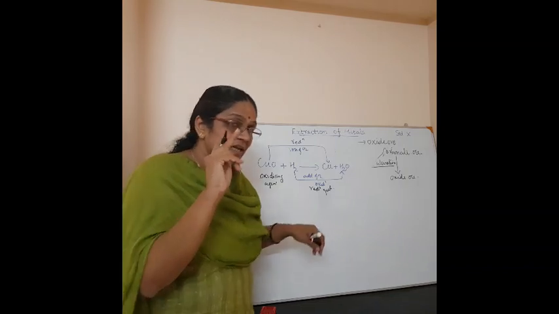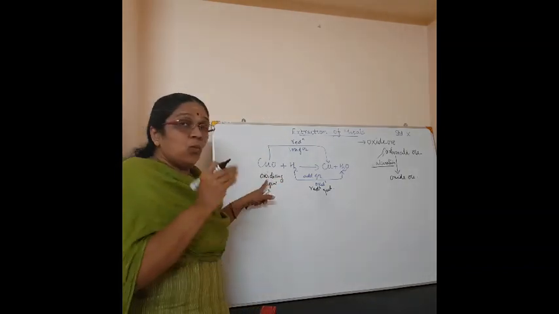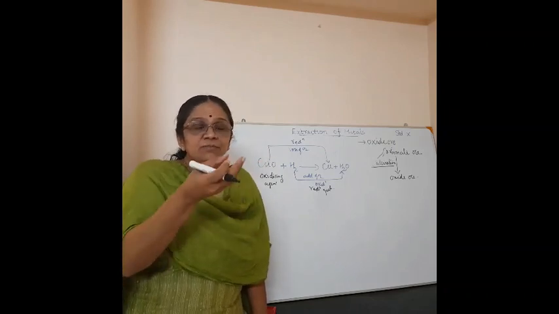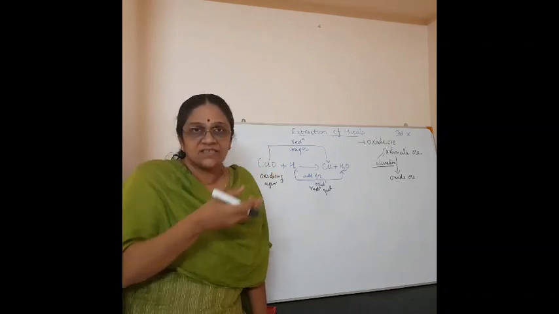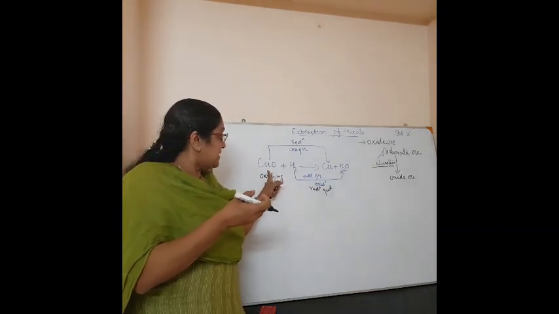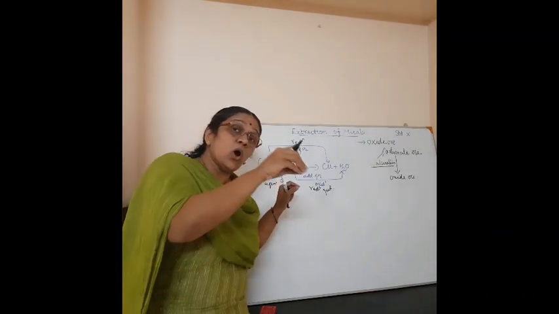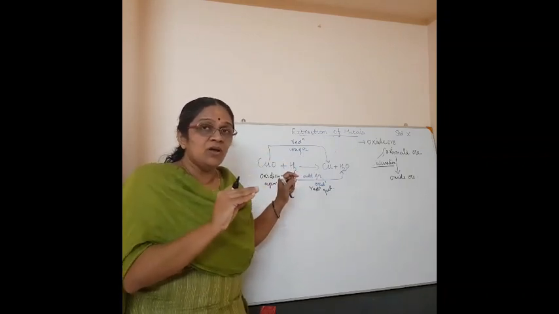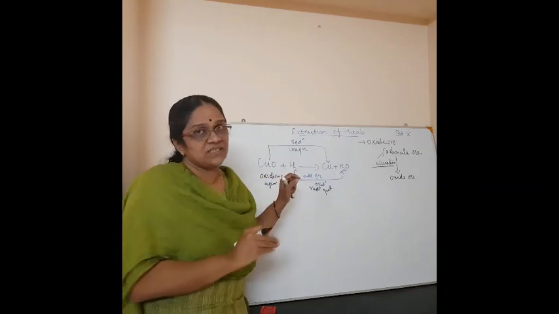Now, I will tell you the chemistry behind it. See, what do you mean by oxidizing agent? What do you mean by agent? Agent means somebody who is helping us, isn't it? So, oxidizing agent means this compound helps in oxidation. For oxidation, you have to give oxygen, correct?